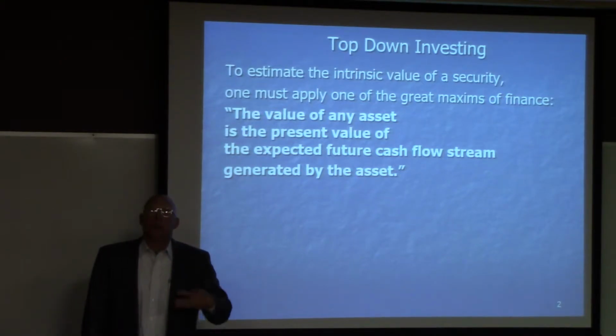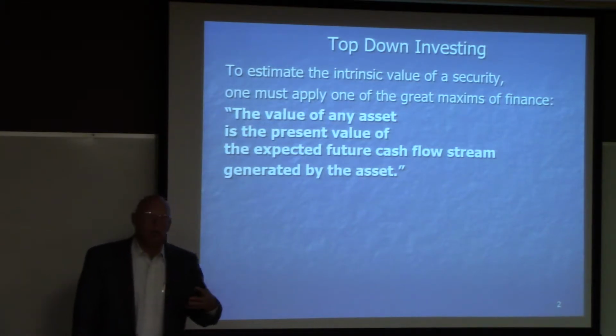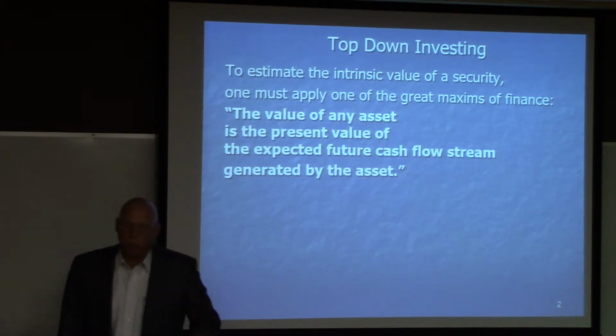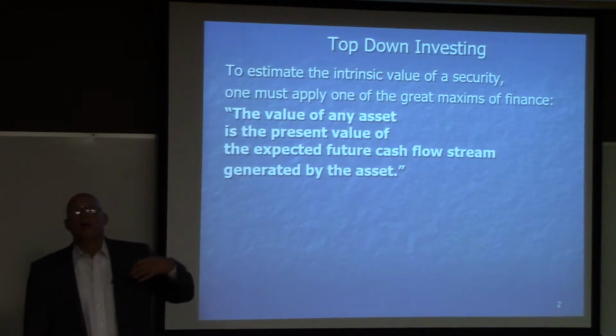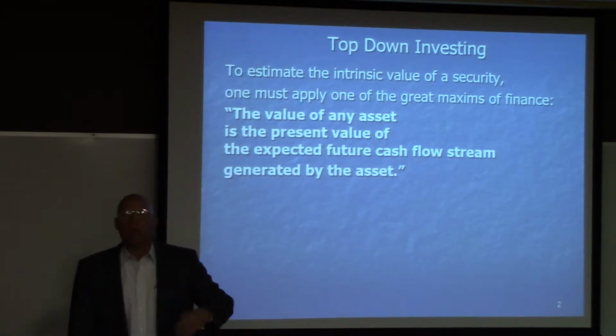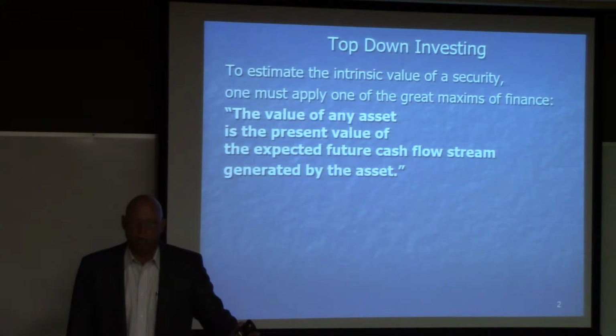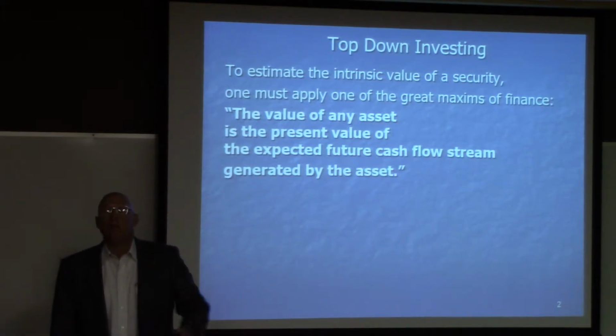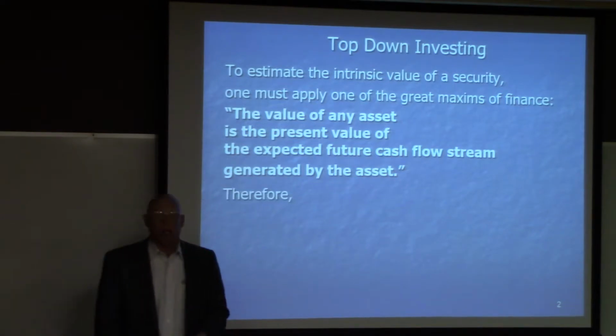We buy it because we want a return. What should we pay for it? We should pay the expected value of the present value of expected future cash flows. So we're going to forecast out those cash flows, and then we're going to discount those cash flows using either a discount rate or a multiple to determine what we should pay for those assets.